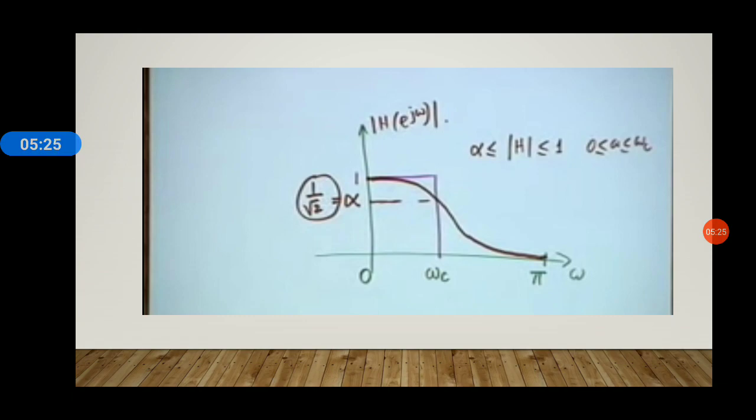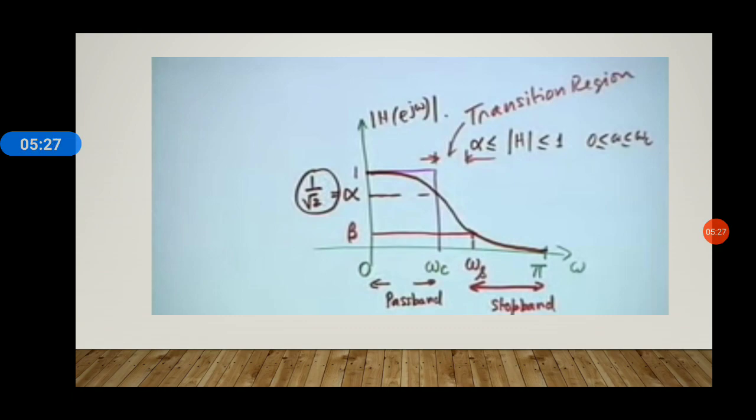Now, the 0 to omega c band is called the pass band. We have to define another point here, that is the beta point, and the magnitude is beta, and the corresponding frequency where the magnitude falls to beta is the stop frequency, that is omega s.